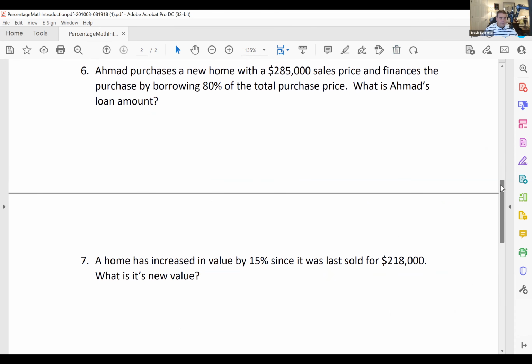Look at this one, number 6. It says Ahmad purchases a new home with a $285,000 sales price and finances the purchase by borrowing 80% of the total purchase price.